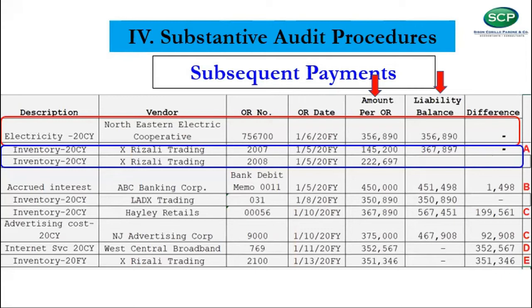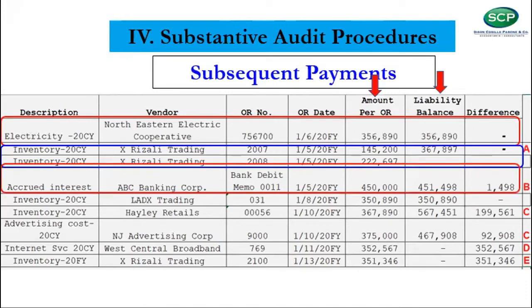One is for 145,200 pesos and the other one is 222,697 pesos. So pag tinotal mo yung dalawang yan, it will total to 367,897 also. So walang difference. So we can also conclude that this accounts payable was also a valid obligation as of December 31, 20 CY and was also recorded at the appropriate amount.